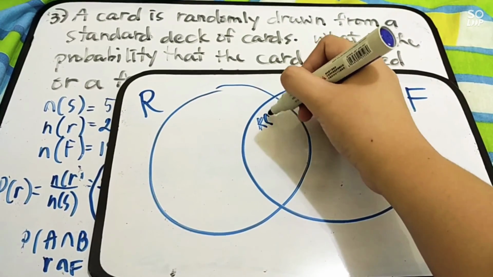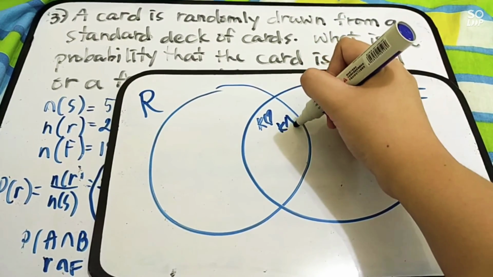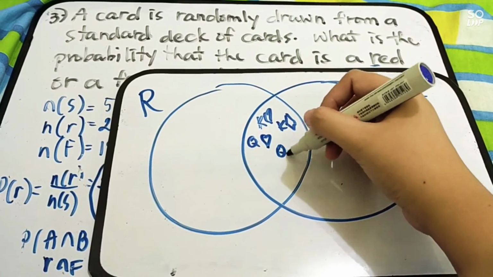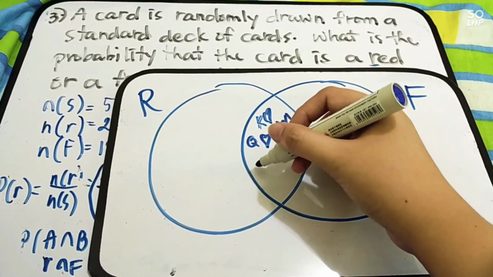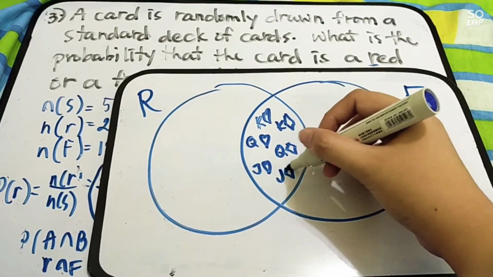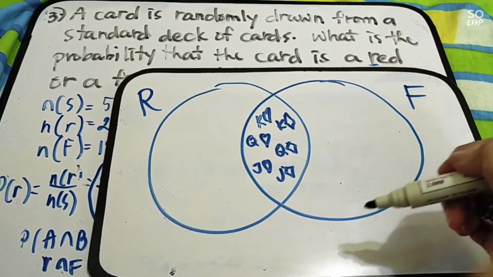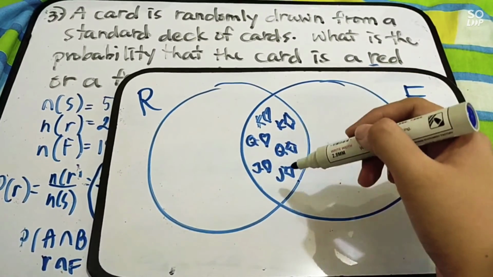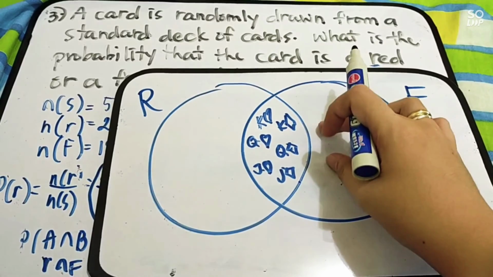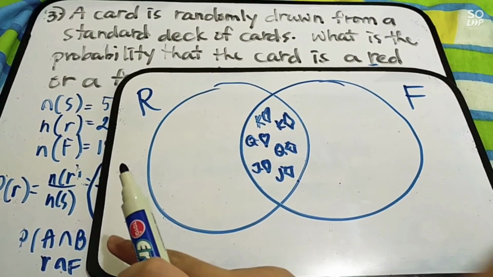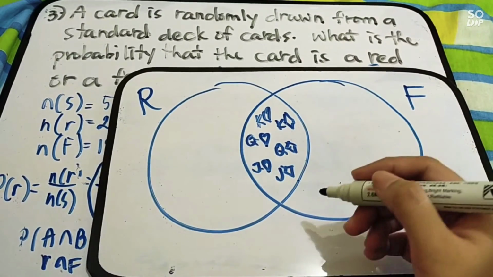So, we have the King of Hearts, King of Diamonds, then Queen of Hearts, Queen of Diamonds, Jack of Hearts, and then Jack of Diamonds. Yan na yung pinaka-intersection niya. Count mo lang. 1, 2, 3, 4, 5, 6. So, this is the number of possible outcomes dun sa intersection ni A at saka ni B.